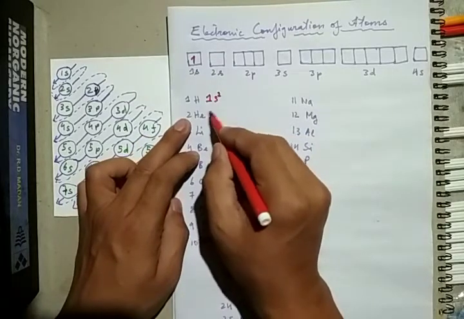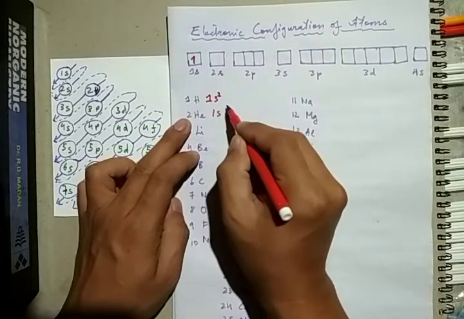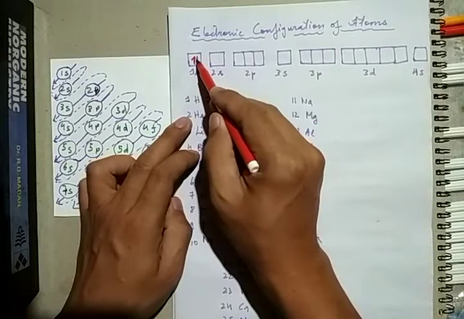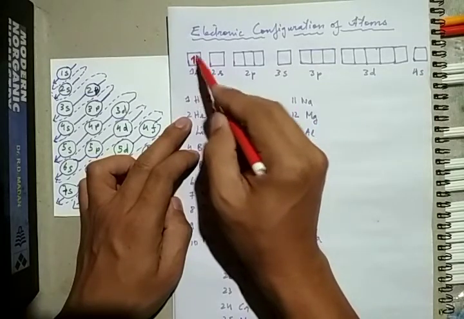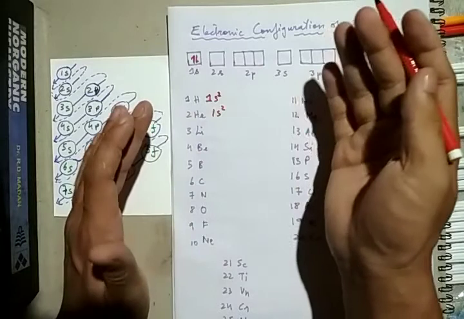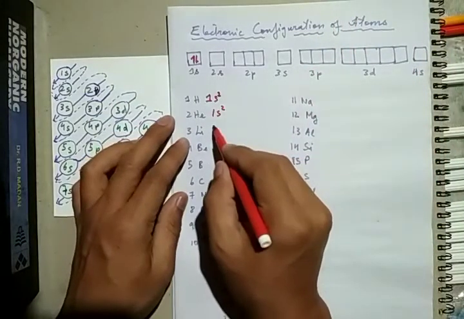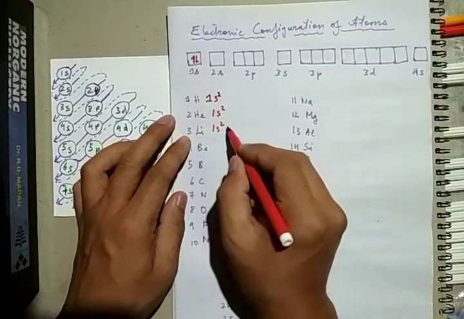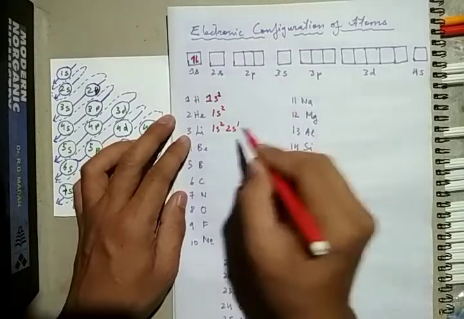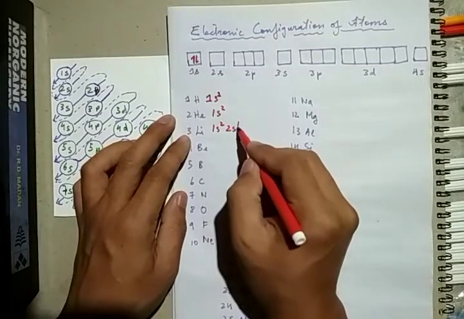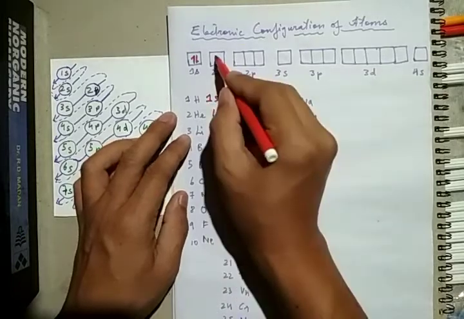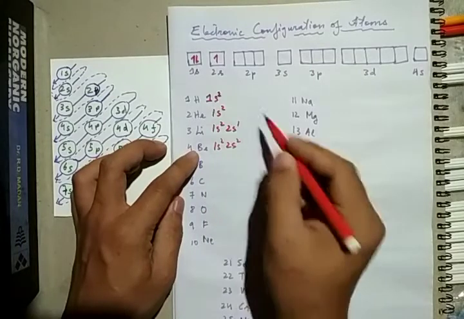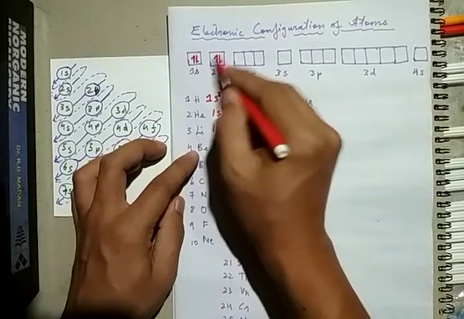For the second case, helium, 1s2, 2 electrons present. Subshells are filled according to Hund's rule of maximum multiplicity. For the next one, 1s2 and 3 electrons, so 2s1, 1 electron in 2s. And then for beryllium, 1s2, 2s2, so 2 electrons come here and pairing takes place in this subshell.